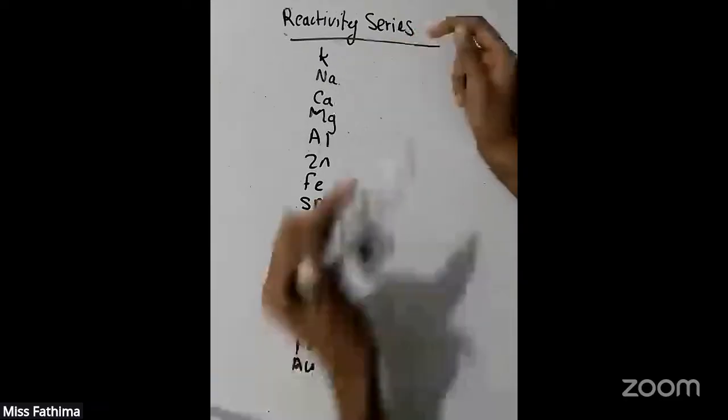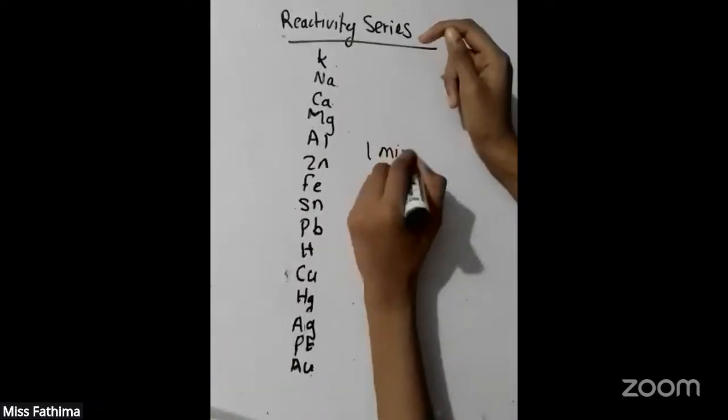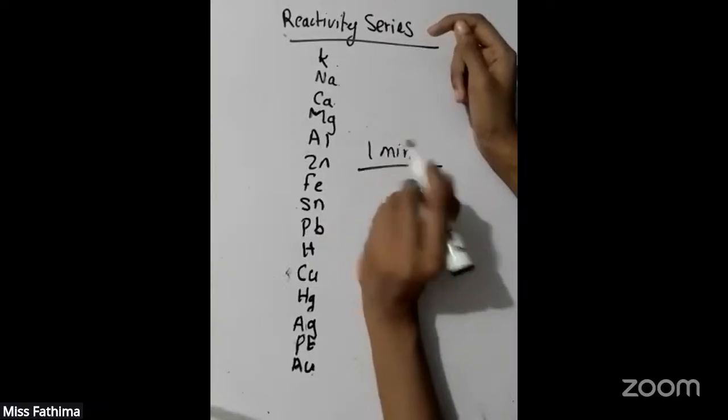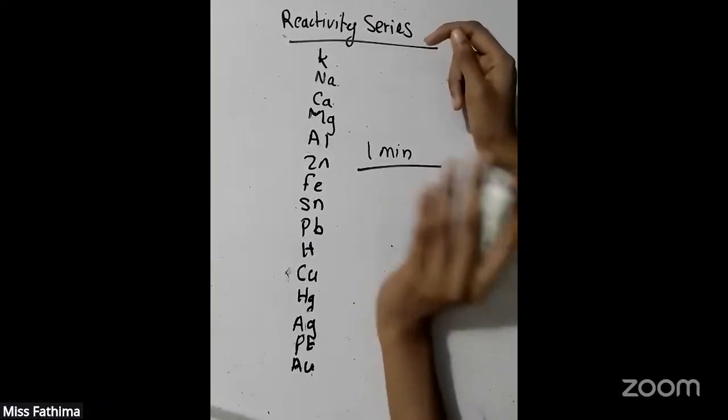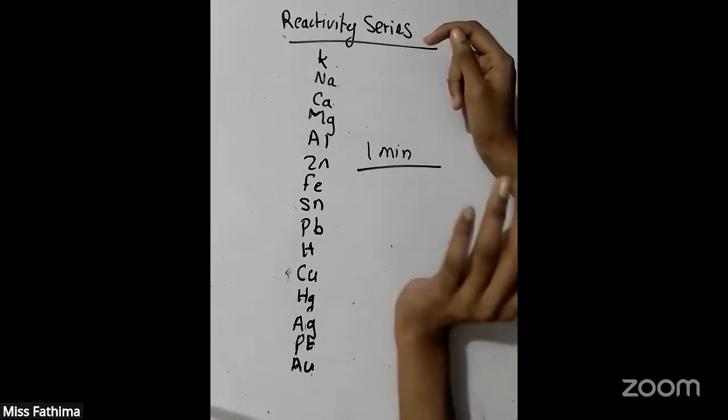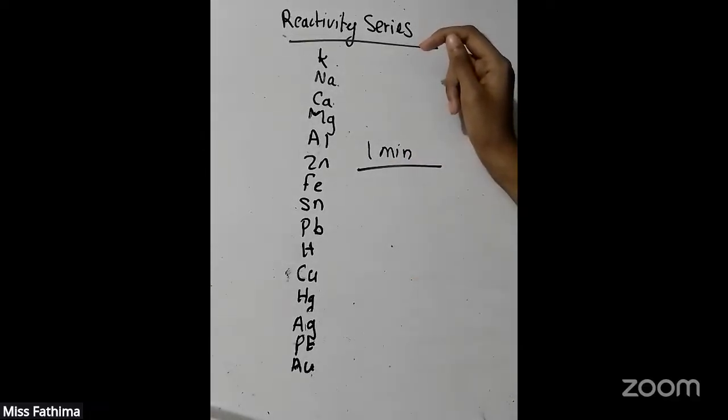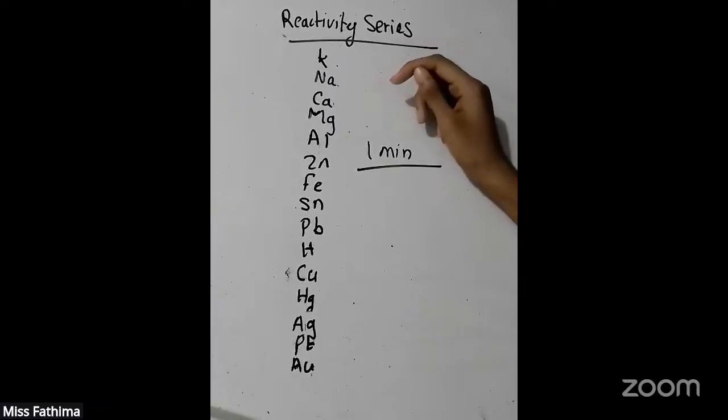So just 1 minute, study this, children. If you haven't memorized this by heart, please memorize it now. A simple way to memorize: these are just simple, you can just go with the flow.